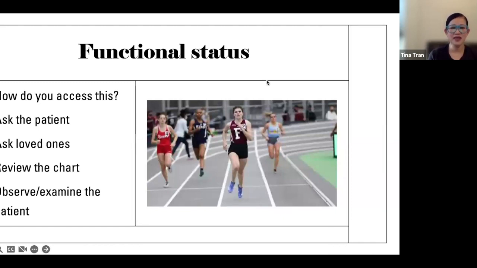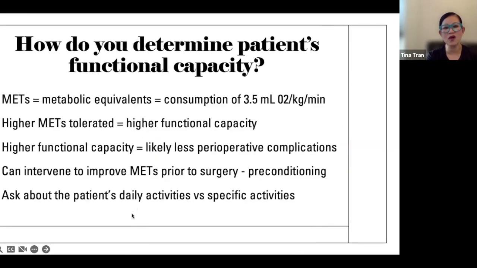Because oftentimes when I see the patient, they're already in their gown, they're in the stretcher, they're not getting up and down. So anytime I can directly observe the patient, whether they're going to the restroom or walking from the stretcher to the operating room bed and helping position themselves, that provides me with a lot of information in addition to reviewing the chart, asking the patient, asking their loved ones. How long the patient can walk without taking a breath? Absolutely.